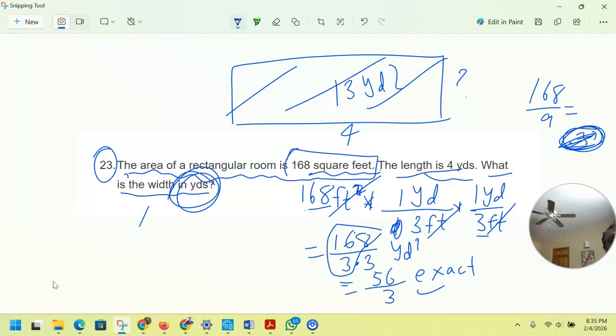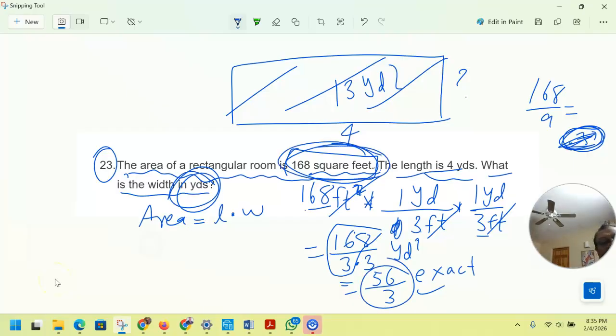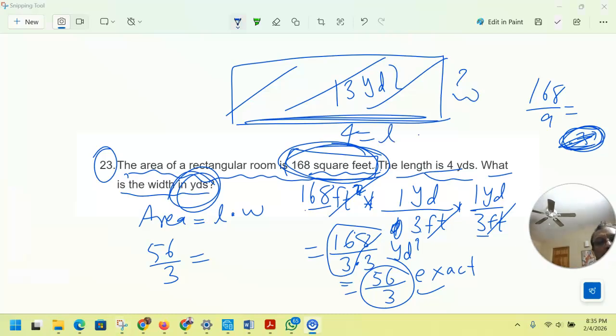Now next, area is length times width. They gave you the area as 168, but we changed it to this number. So this is 56 divided by 3, and the length is given to you as 4. We want to know the width. So you write: area equals 4 times the width.